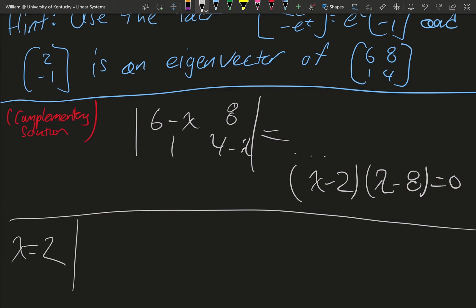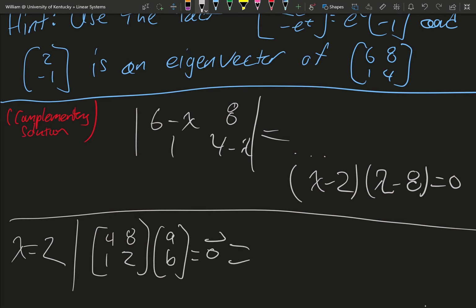So for lambda equals 2, we end up with the system that looks like this, and we end up then with the eigenvector 2, negative 1.